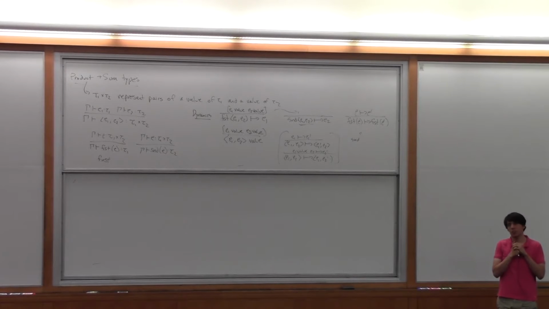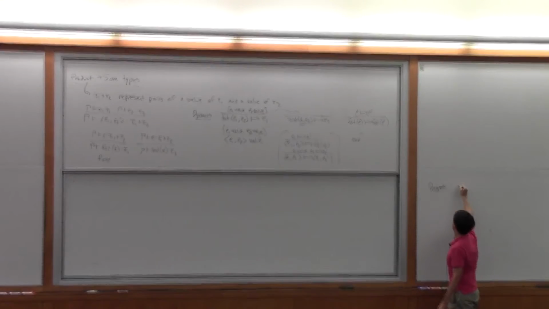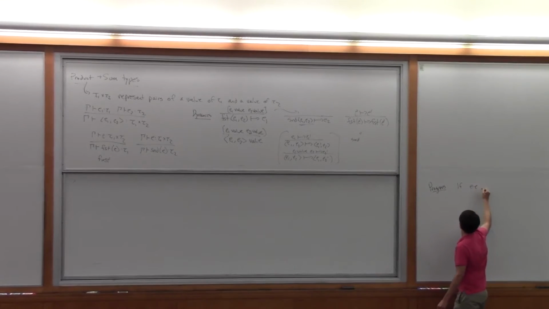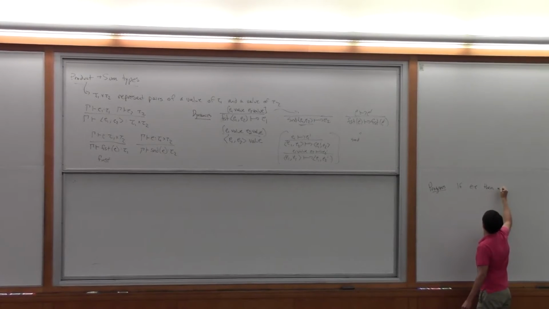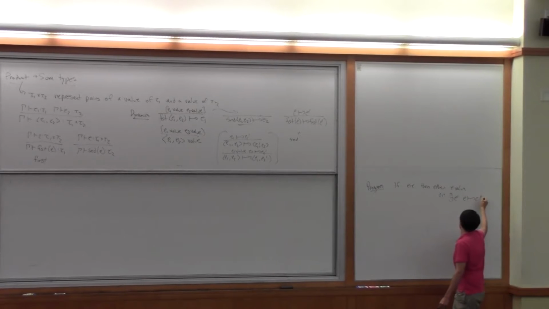Yes, type safety, but in particular, which part of it? Progress, right? So if progress says if E is well typed, then either E is a value or there exists an E prime with E stepping to E prime.